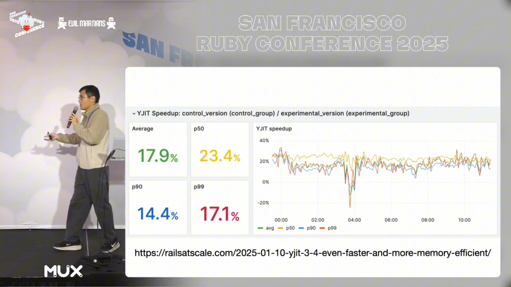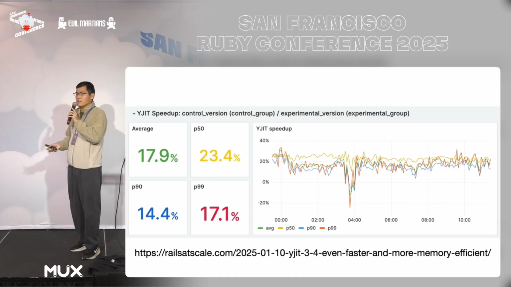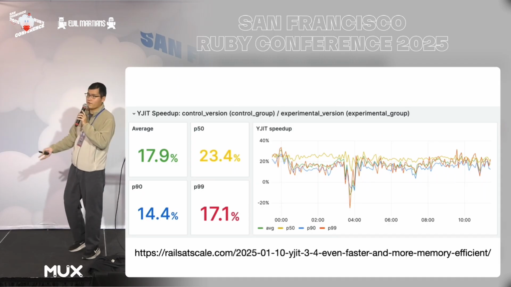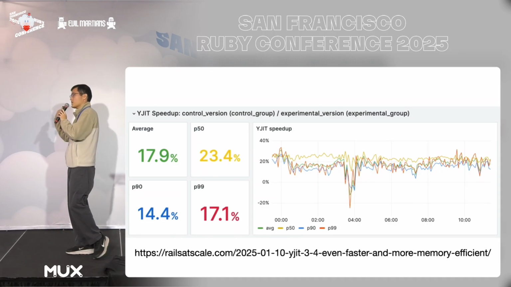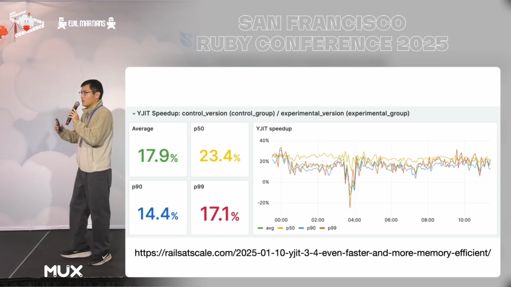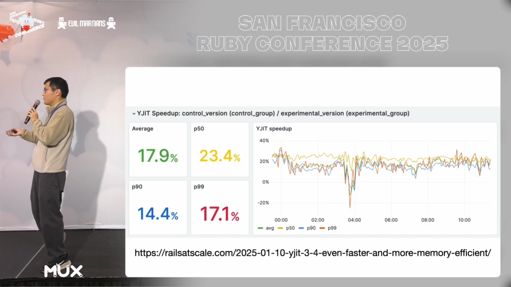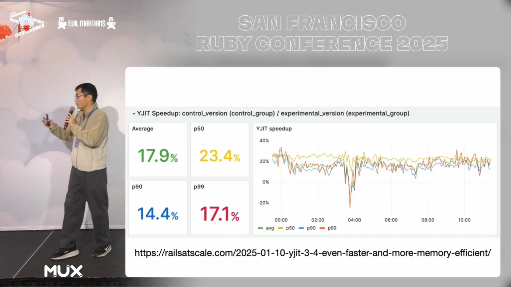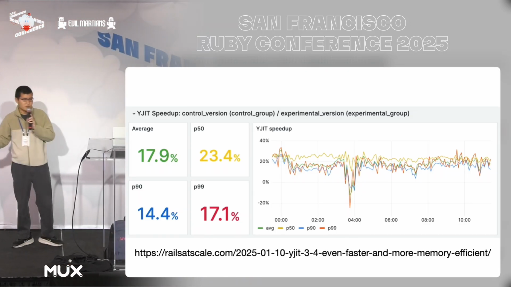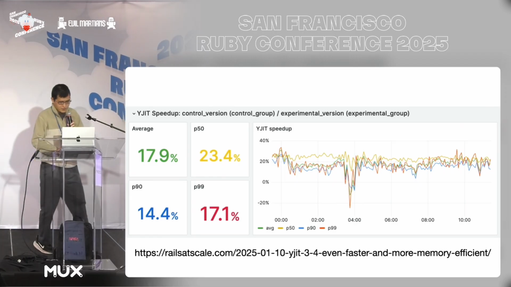So this is the Shopify storefront renderer service that has a lot of traffic, actually the service that gets the largest traffic at Shopify. And we see this kind of speedup in production, like 10% to 20% on average.